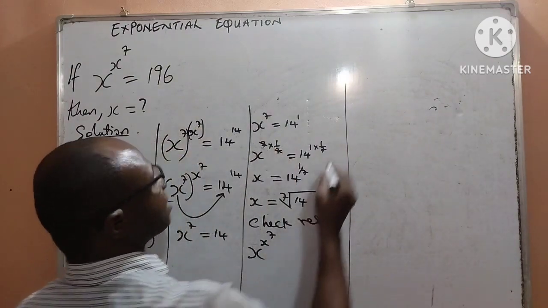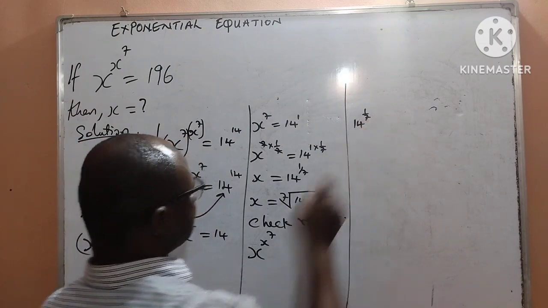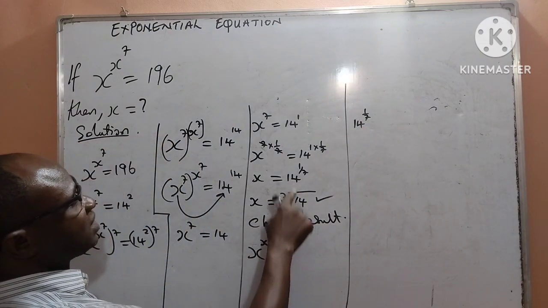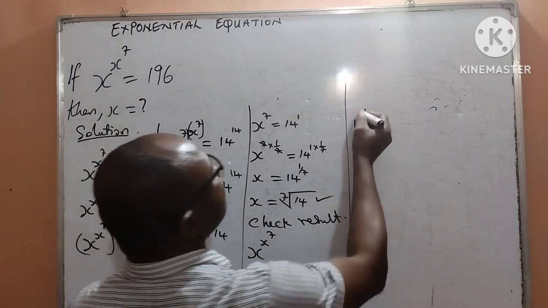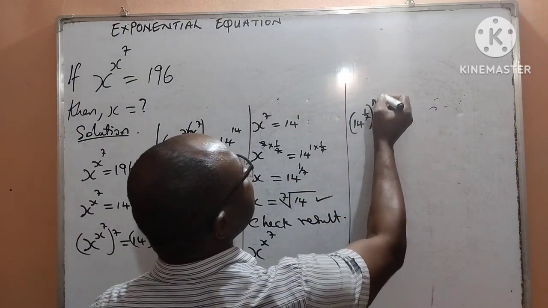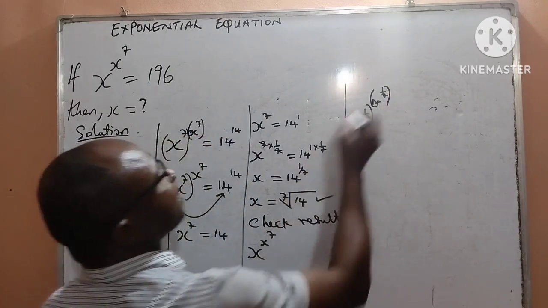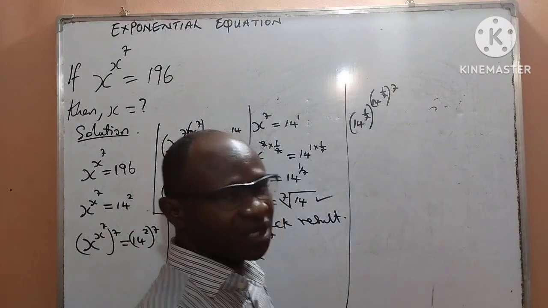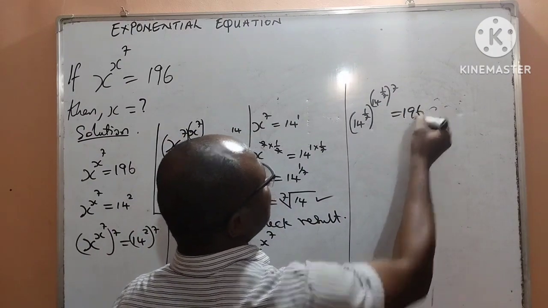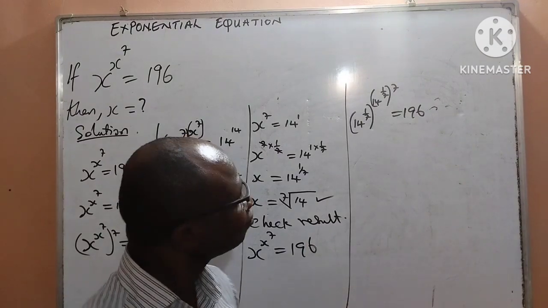So doing that, this is now going to be 14 raised to the power 1 over 7. That is the first x. This and this are the same, raised to power x, which is also 14 raised to power 1 over 7, also raised to power 7. I want to solve this. If this gives me 196, then my answer is very correct.